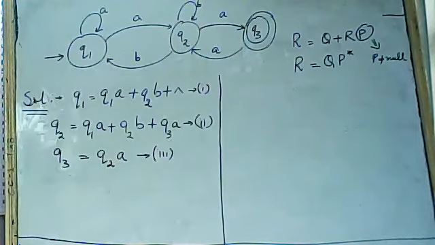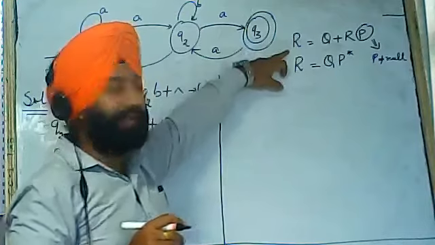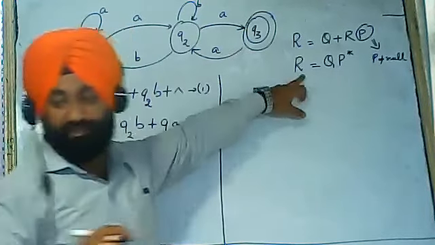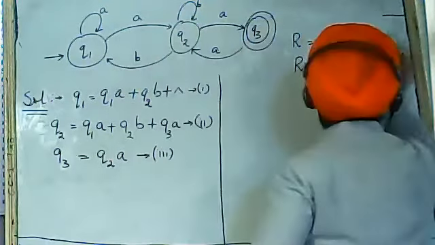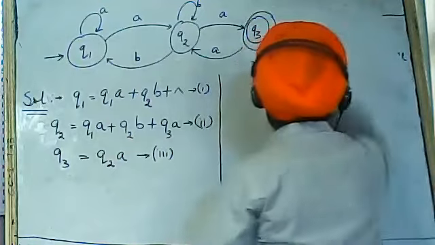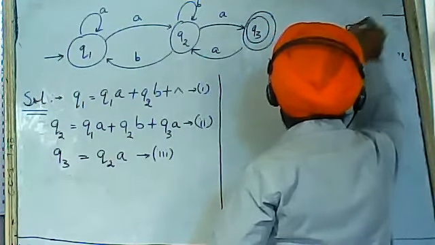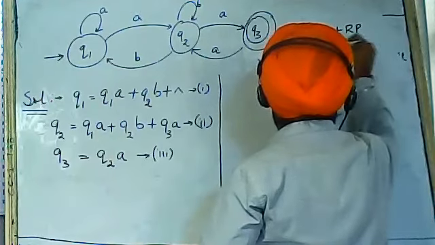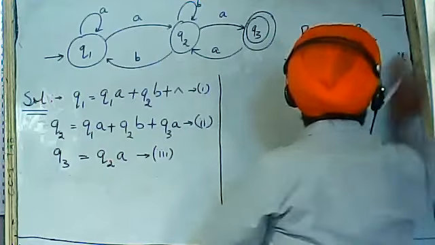Now you have to make this equation Arden's equation, so that it can be replaced with its unique solution. R is equal to Q plus RP, its unique solution is R is equals to QP star, right?